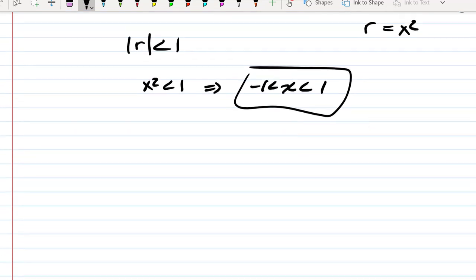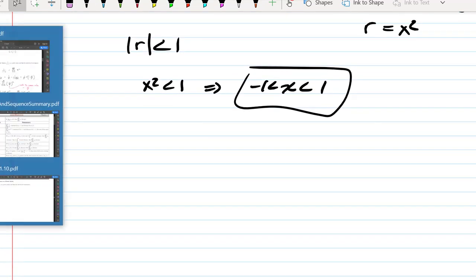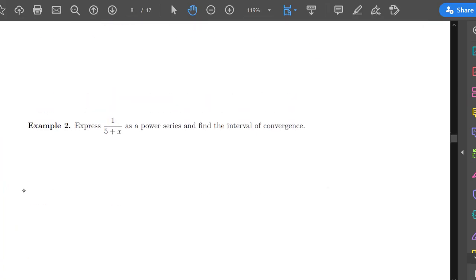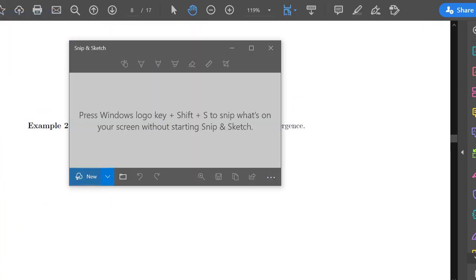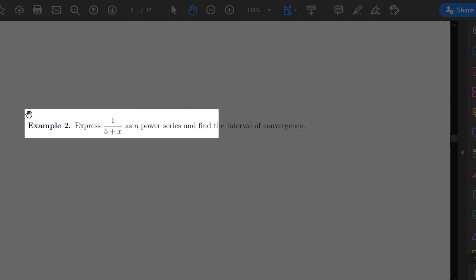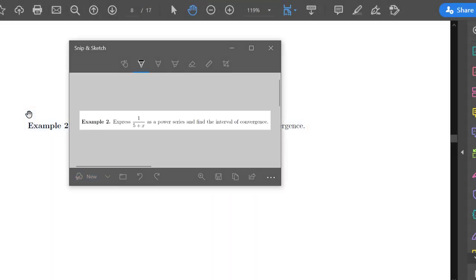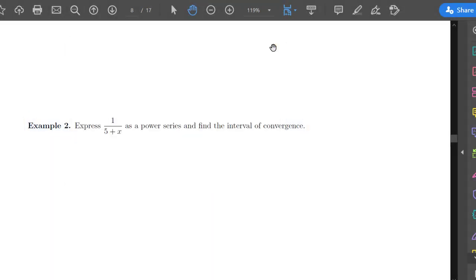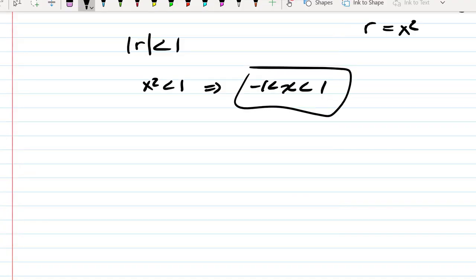All right, let's take a look at our next example. So example 2. We want to do the same thing here. Express 1 over 5 plus x as a power series and find its interval of convergence.